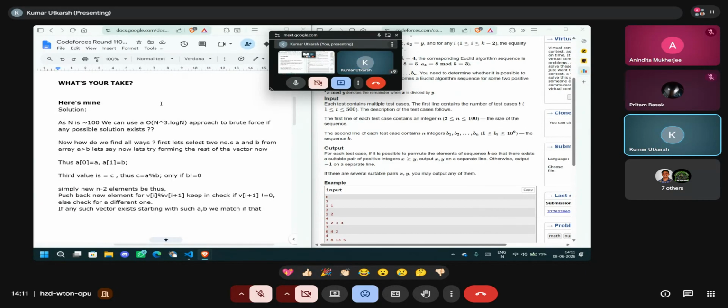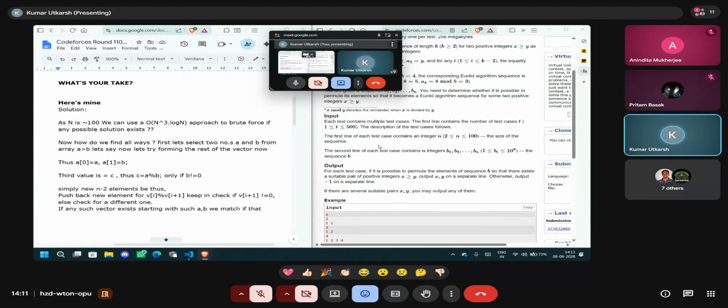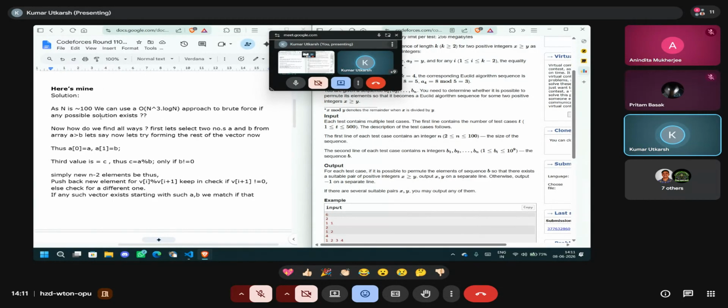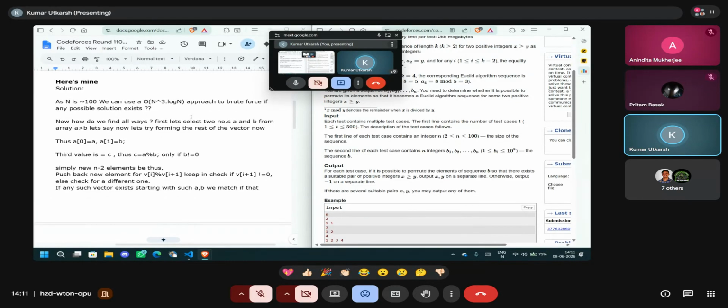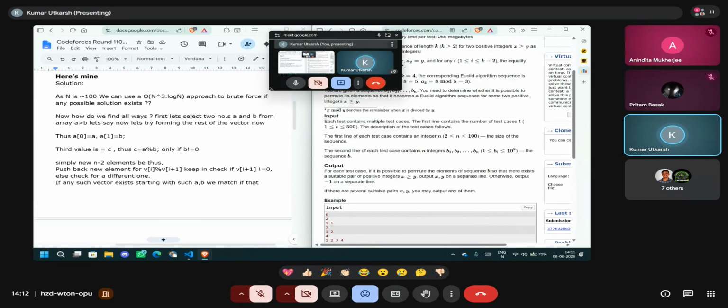We are not taking the whole permutation sequences, only forming one sequence. So as n is 100, we can use an n cube log n approach, right? I understand your answer is optimal, but if we want to go brute force, then we can use this too.